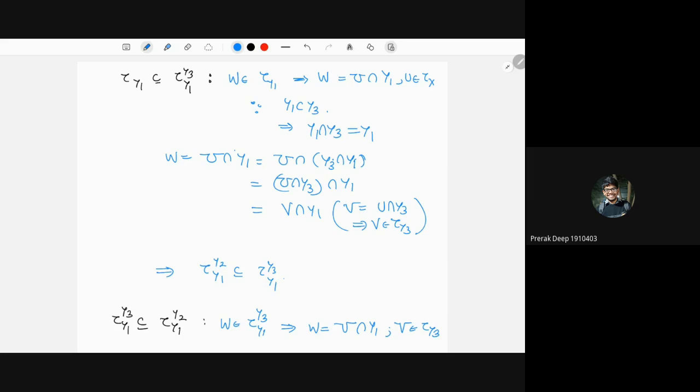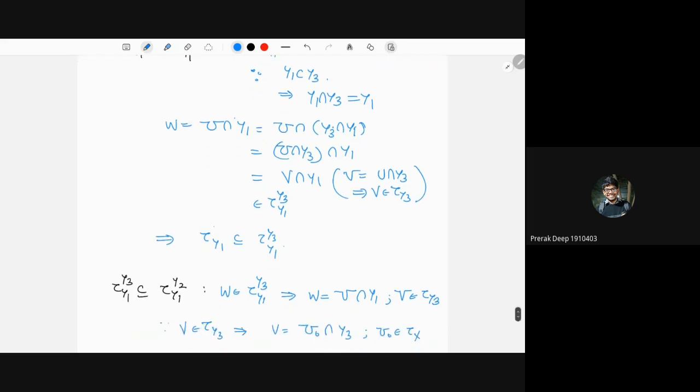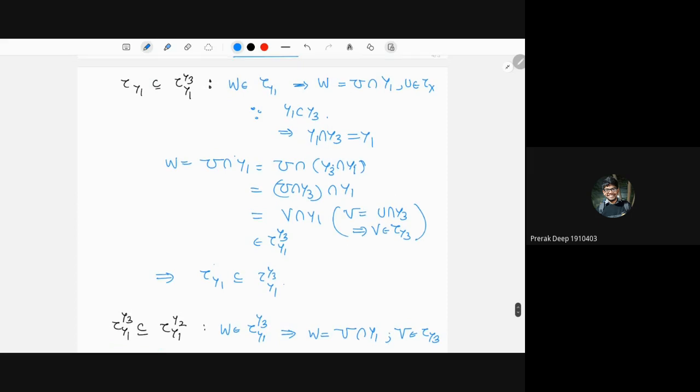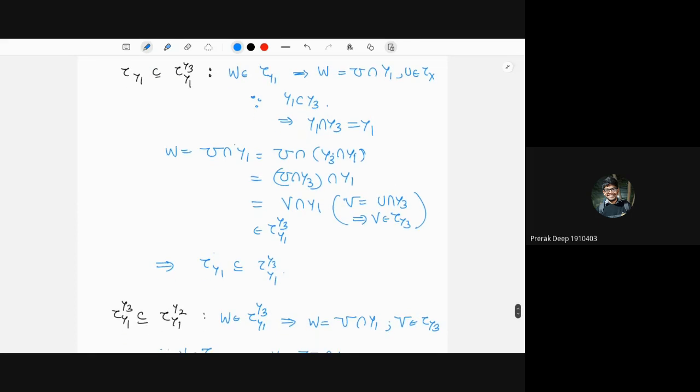This means that w can be rewritten as an element in the subspace topology induced from y3 on y1. Hence this containment holds. I hope this argument is clear. This is the neat and clear argument.